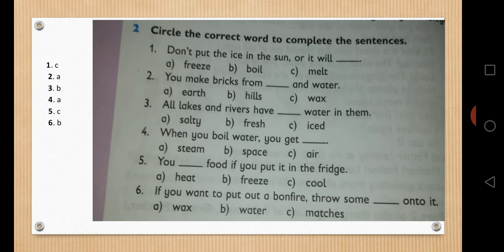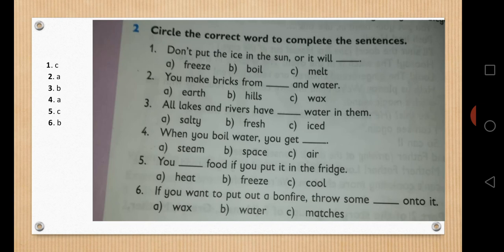Second, you make bricks from dash and water. Earth, hills, wax. Correct option is earth. Third, all lakes and rivers have dash water in them. Salty, fresh, iced. Fresh.